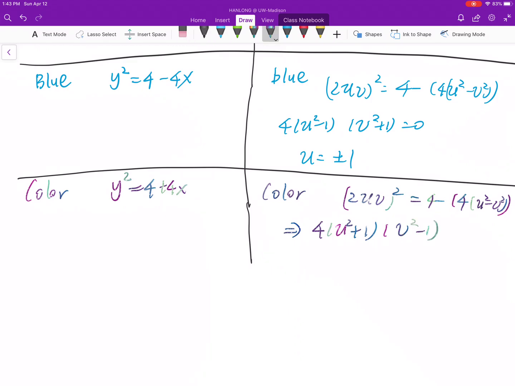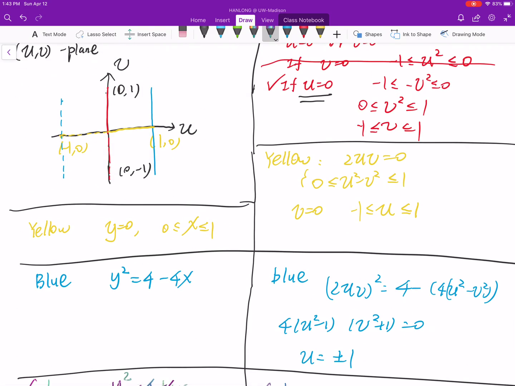V squared minus 1 equals 0. So v is positive or negative 1. Therefore, you have... okay, so here actually you should do... okay, next let's test one point.